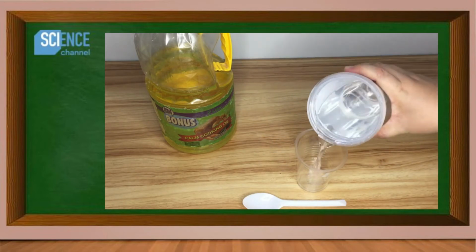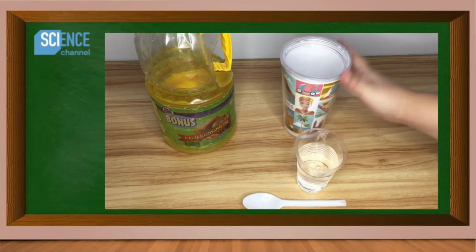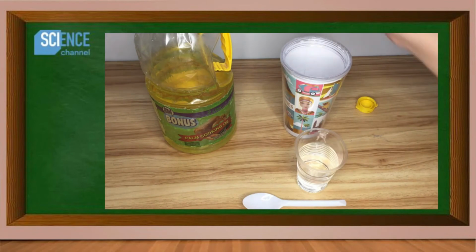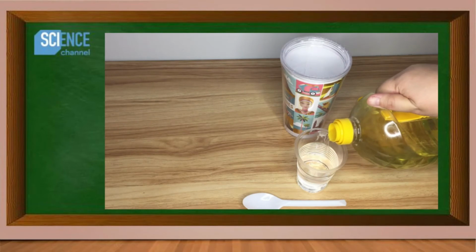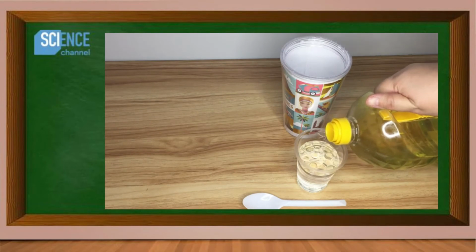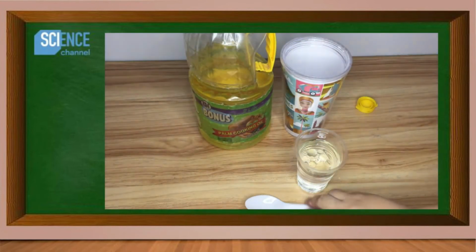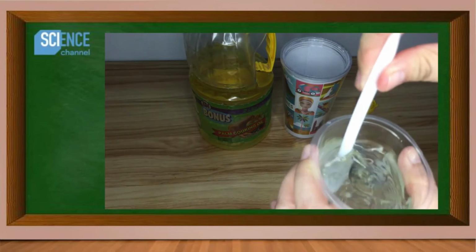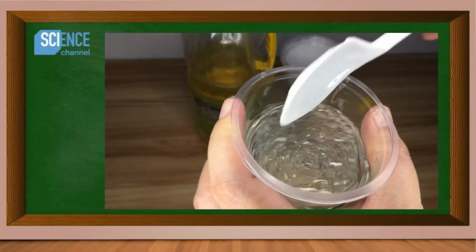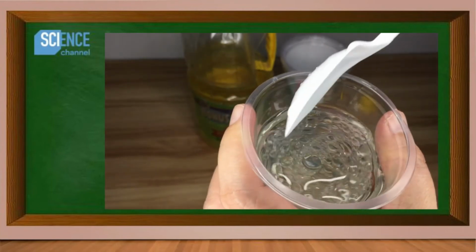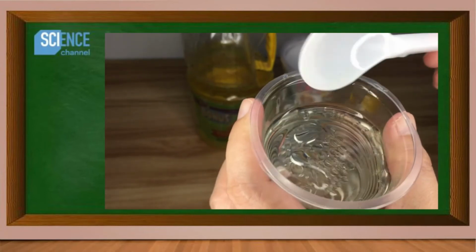Put some water on the drinking glass. Then add some cooking oil on it. Mix the materials using the spoon. After mixing the materials, observe what happens.